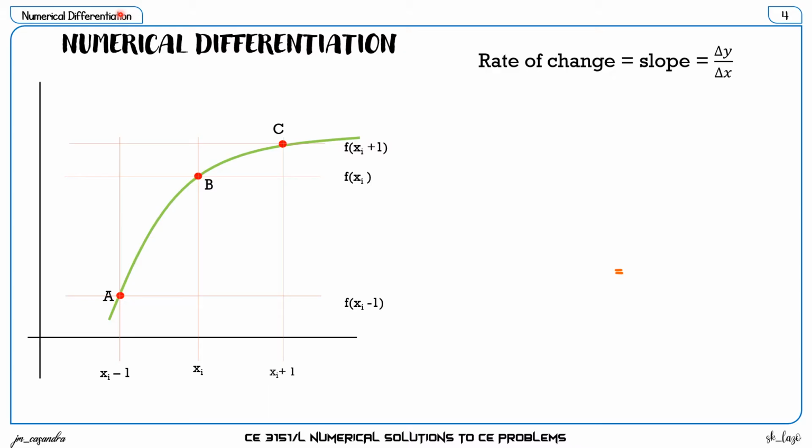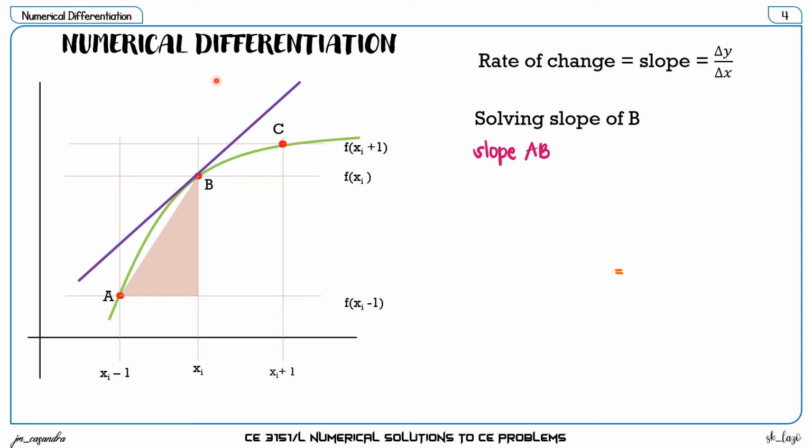Since point B is our initial point, x sub i, we solve first for the slope of AB, in which we will get our values from this shaded triangle. And then we also take into consideration slope BC, which will be taken from this shaded portion.